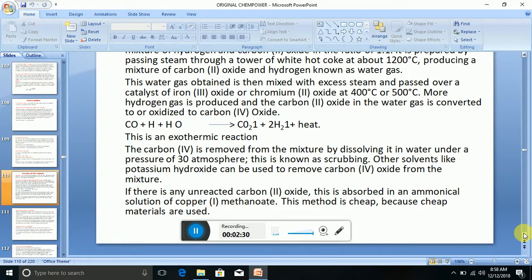If there is any unreacted carbon(II) oxide, this is absorbed in an ammoniacal solution of copper(I) methanoate. This method is cheap because cheap materials are used.